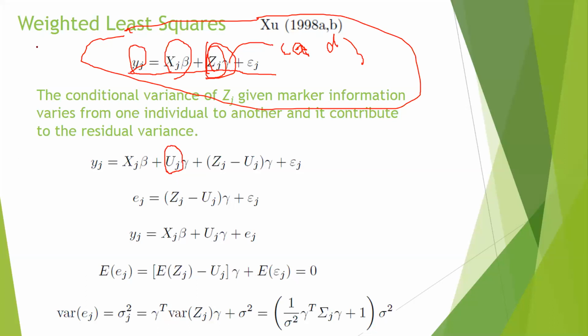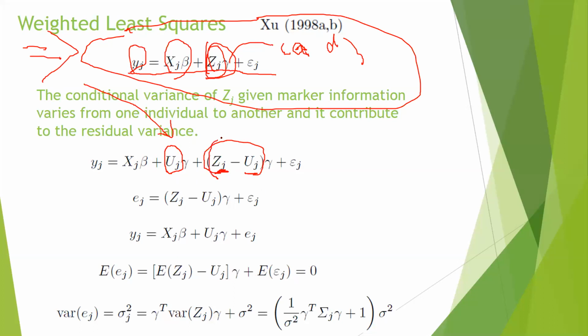Because this is the reality, if we use an expectation to replace this, this will introduce some error, because even it is an expectation of Z, it is not identical to the real Z, right? So the difference between the real Z, which is unknown, and the expectation of the Z, that's the part which introduced additional error to this model.